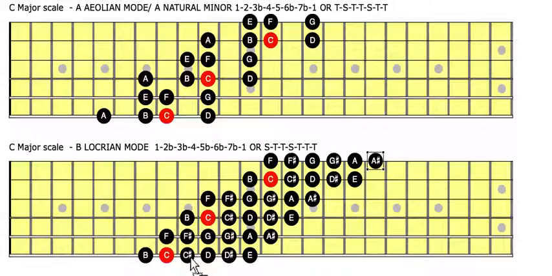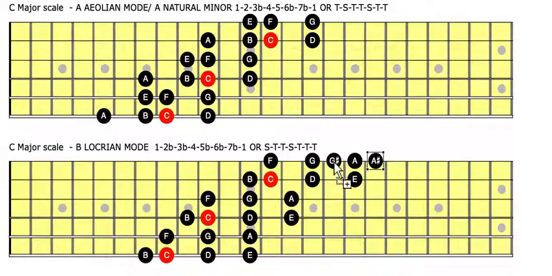We remove notes that we don't like here: C sharp, D sharp, F sharp, G sharp, A sharp. That was pretty quick. And here, let's read our scale. B, C, D, E, F, G, A, B, C, D, E, F, G, A, B, C, D, E, F, G, A.